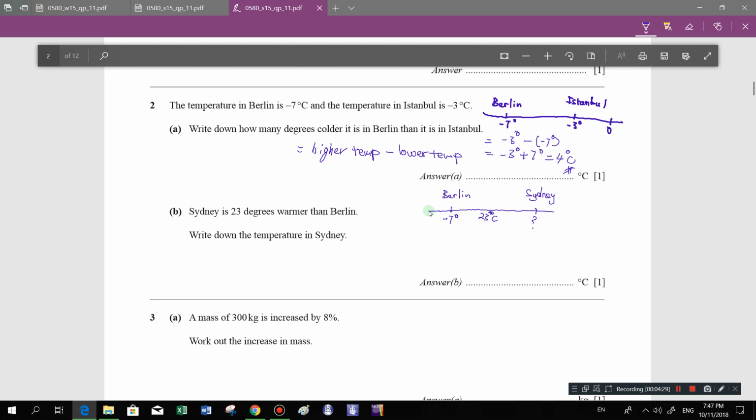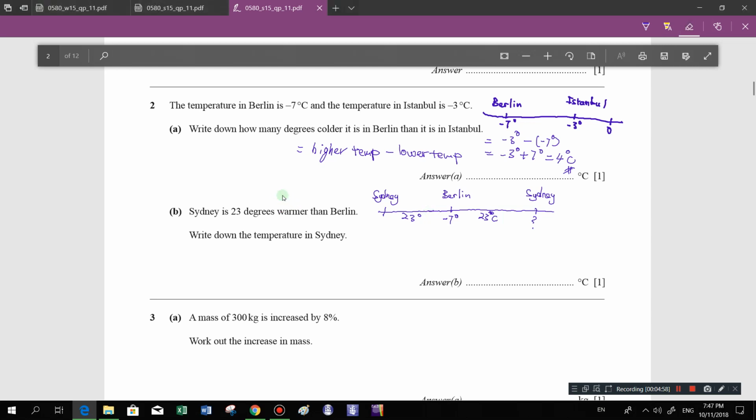But if I change the question to cooler or colder than Berlin, then Sydney will be on this side, with the 23 degrees. Since this case is warmer, we don't have this part.